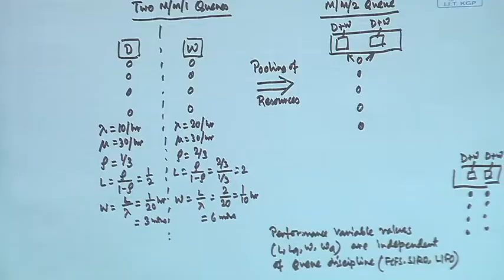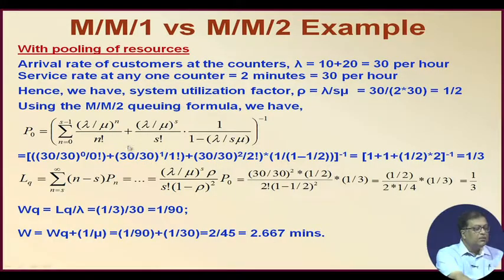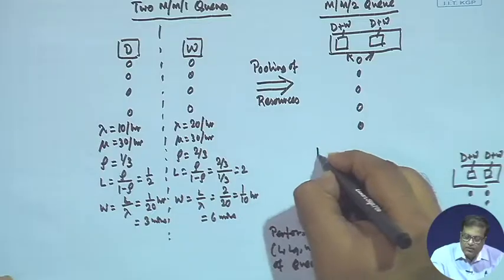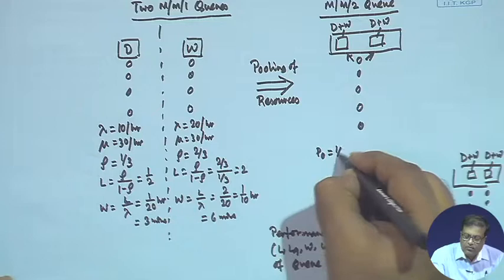Look at this slide. Here this P0 formula will be given by the sum of lambda by mu to the power n by n factorial, plus lambda by mu to the power s by s factorial times 1 by (1 minus lambda by s mu), whole to the power minus 1. In our previous class we have seen that this P0 comes out to be 1 by 3.